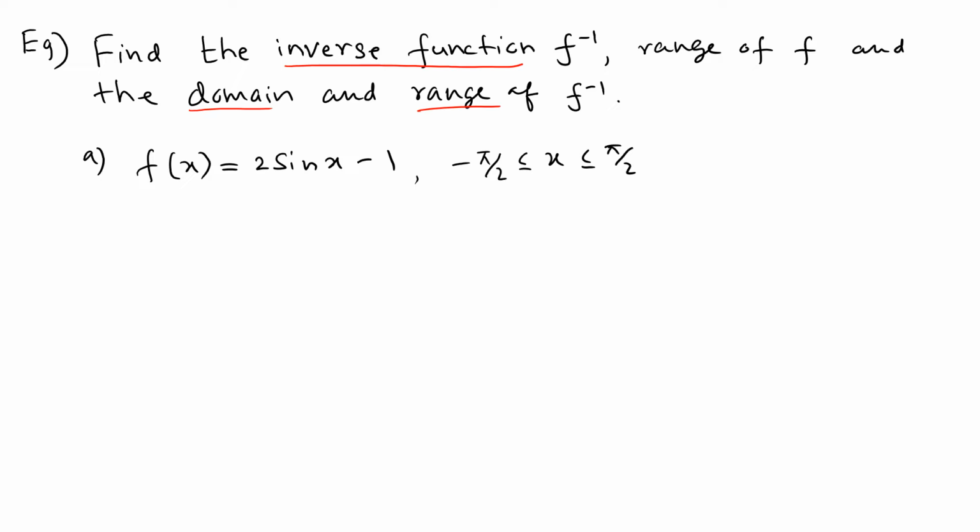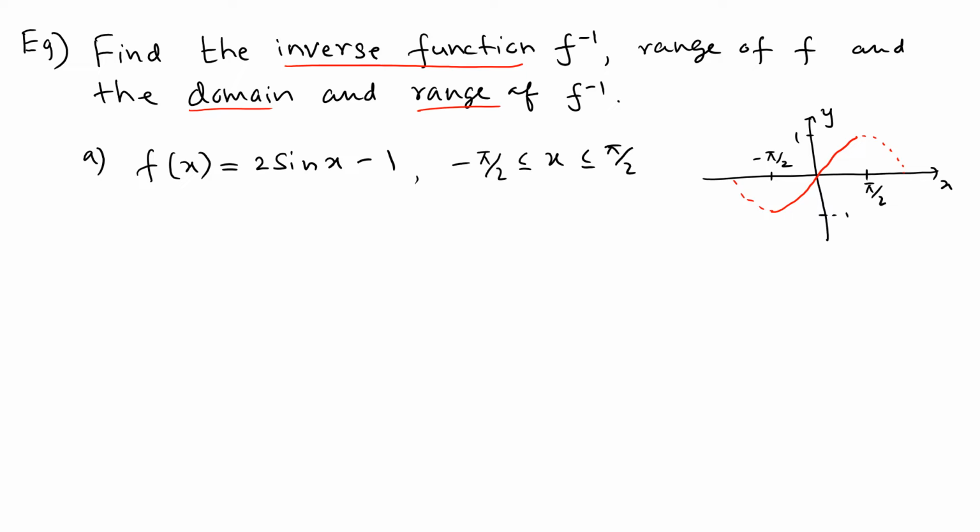Now if you look at the graph of the function, this is the sine function. The graph is going to start here and then go like that, from negative pi over 2 to positive pi over 2, going from negative 1 to 1.